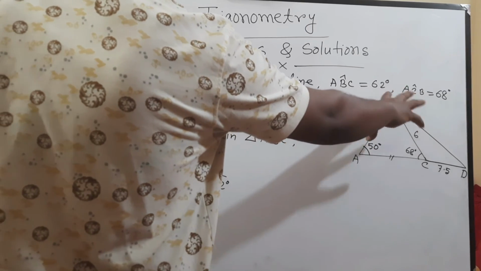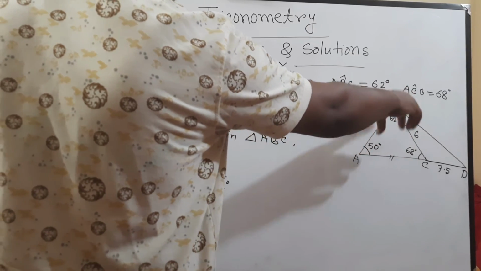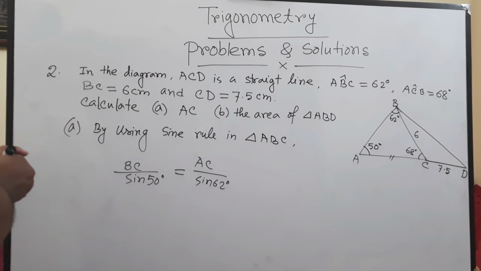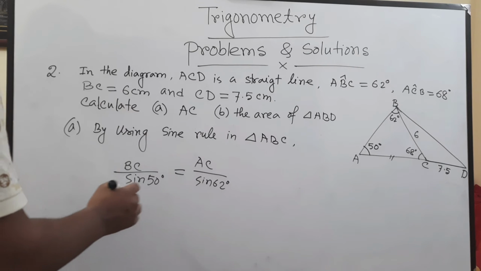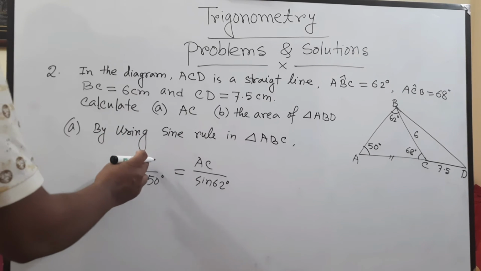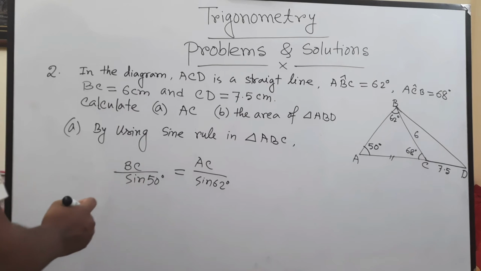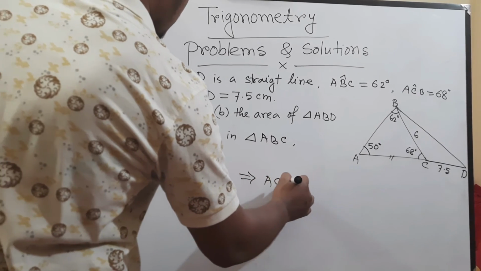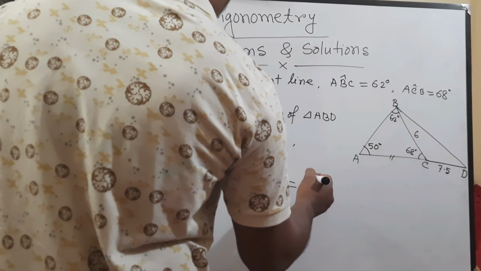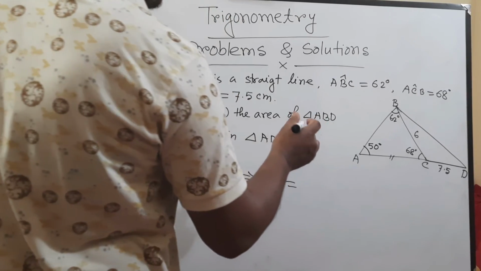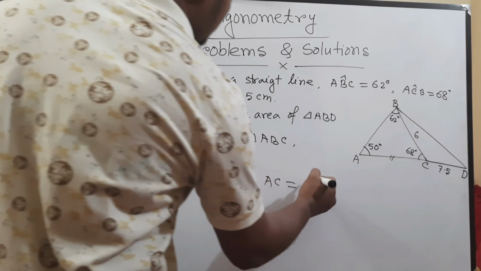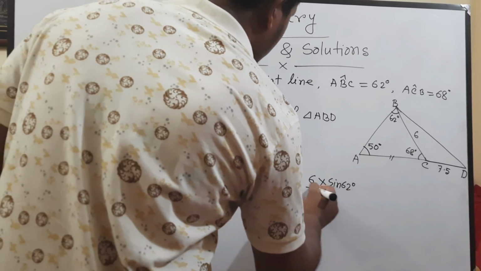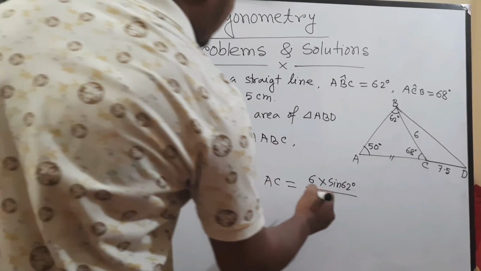We know that the three sides are proportional to the sines of the three angles. So here we need to find only AC. That's why I take just two relations. So by using this value of BC, we can easily find the value of AC. So now if we calculate here, AC equal BC, the value of BC is already given here as 6 centimeter, that is 6 multiplied by sine 62 degree over sine 50 degree.